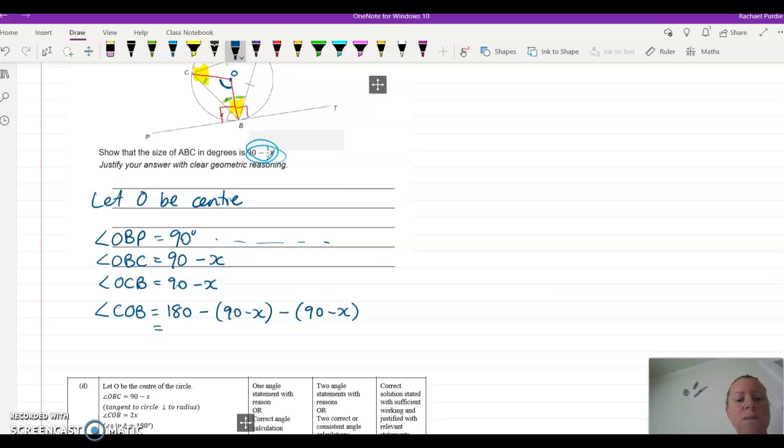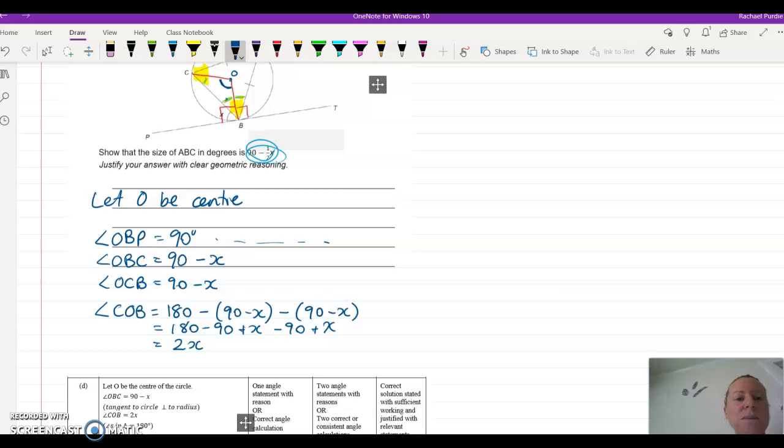Okay, so that's 180 minus 90 plus x minus 90 plus x. 180 minus 90 minus 90 is 0, so that gets rid of that. And we've got x plus x makes 2x. Yeah, and so that is angles in a triangle adding to 180.